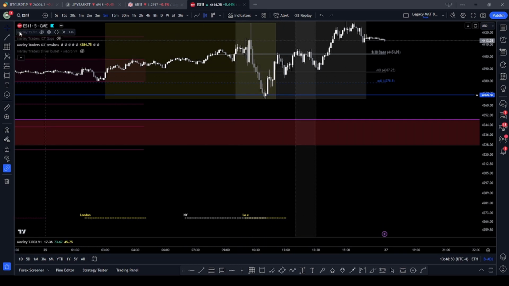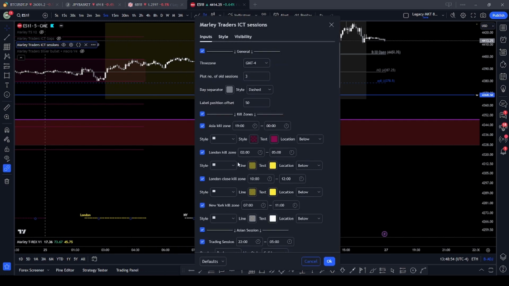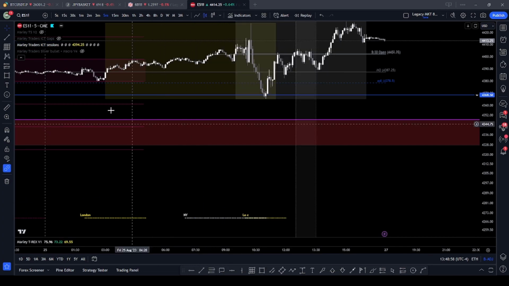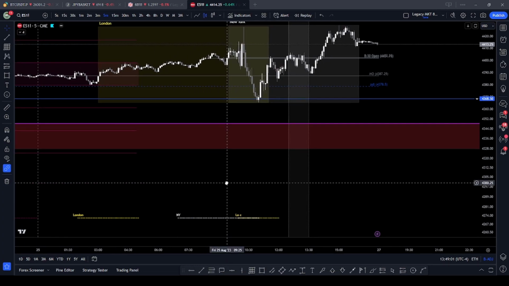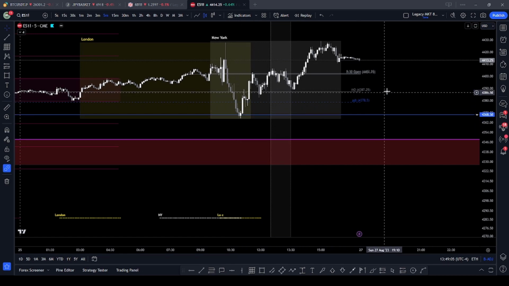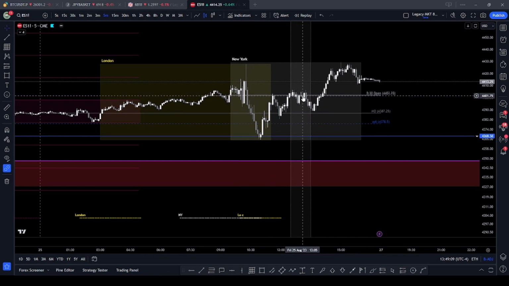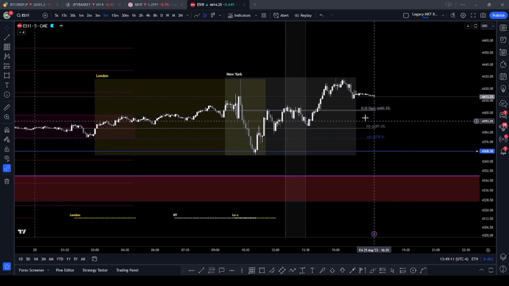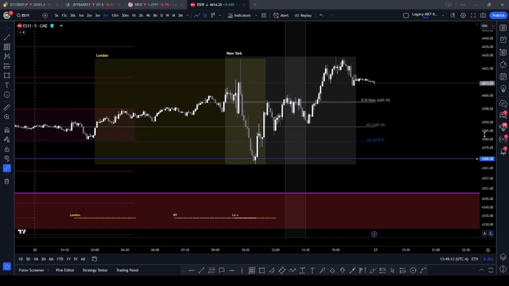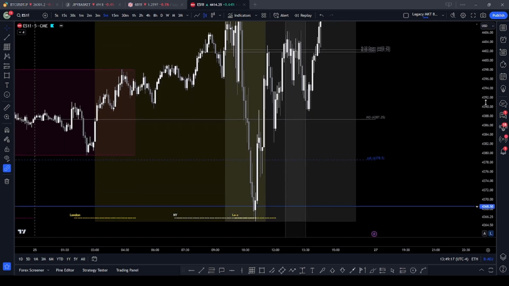The time is depicted here in my ICT session indicator. In the case of this one, it's a little bit tricky because the New York 9:30 and 8:30 seem to be around the same place.